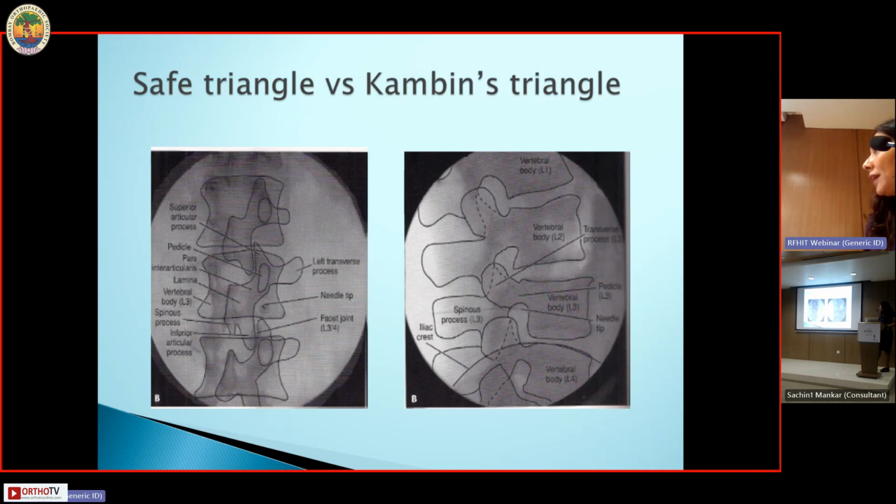And the Kambin's approach is when you are just next to this, in the inferior part of the foramen, next to the superior articular process of the inferior vertebra. In lateral imaging, this is the safe triangle approach, and that is the Kambin's approach. Your final needle position on lateral screening would be superior for the safe triangle, and inferior when you're doing the Kambin's approach.